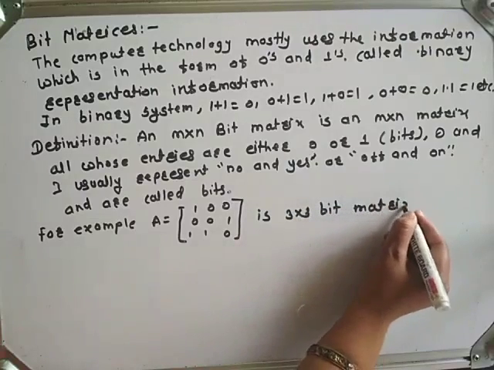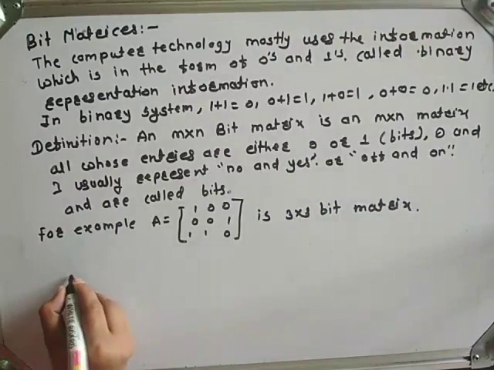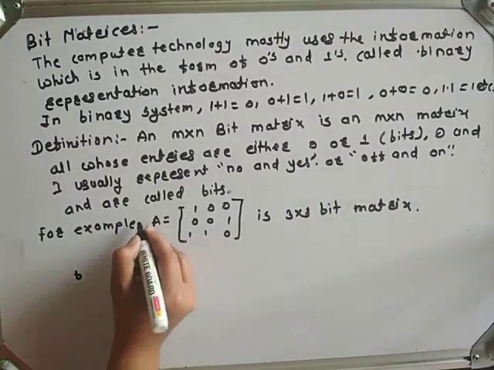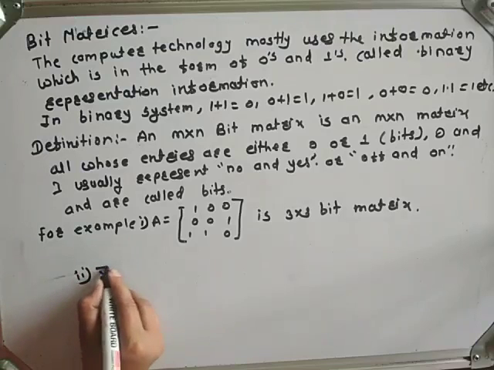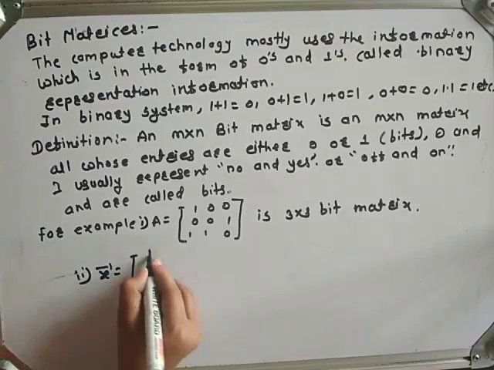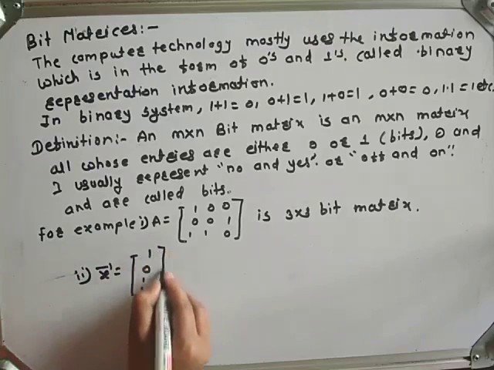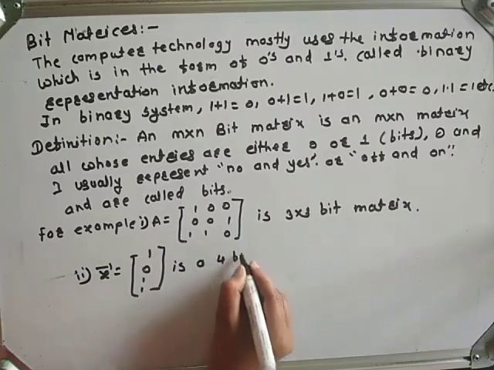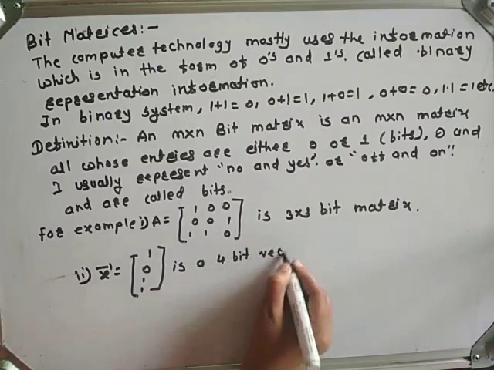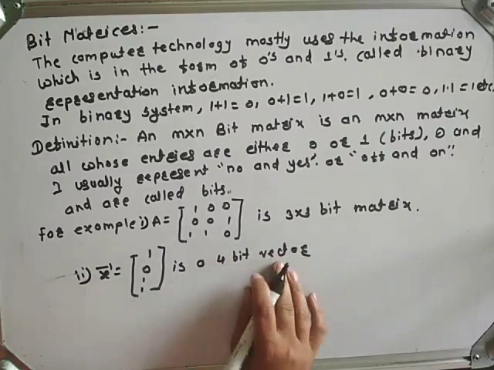Second, x bar equal to 1 0 1 1 is a 4 bit vector. Why is it a 4 bit vector?